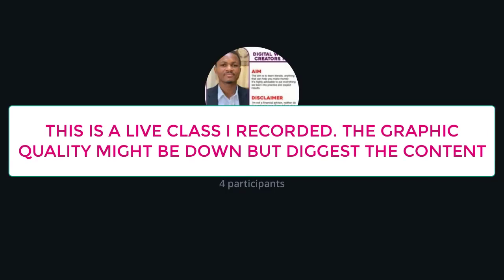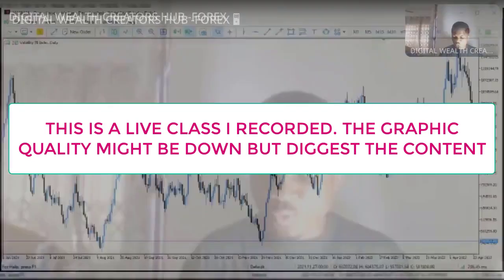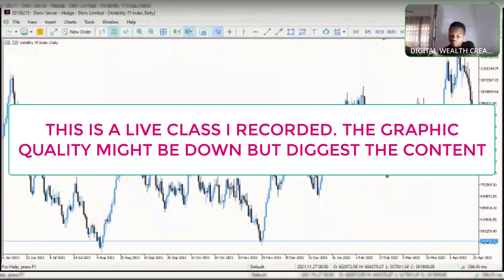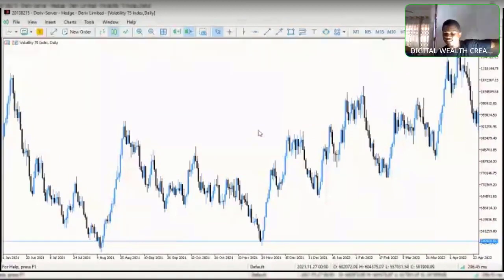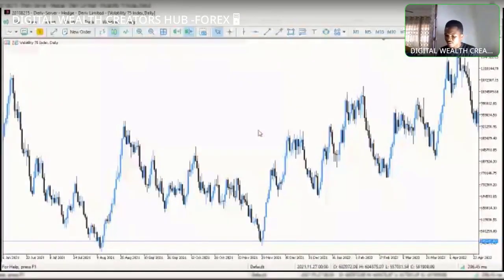So now there are some rules that you need to follow when it comes to trading tweezer tops and tweezer bottoms in the market. I'm going to lay down these rules for you, and if you follow them carefully, you are going to be profitable in the long run. I have the rules outlined over here.